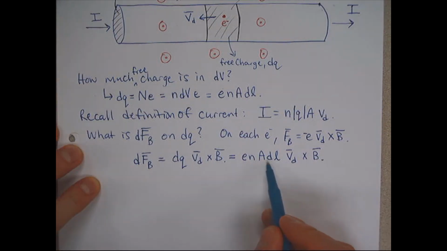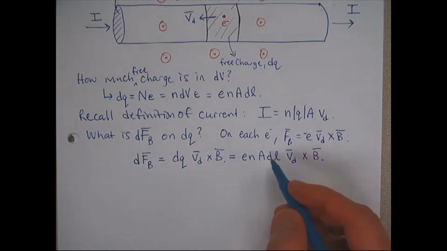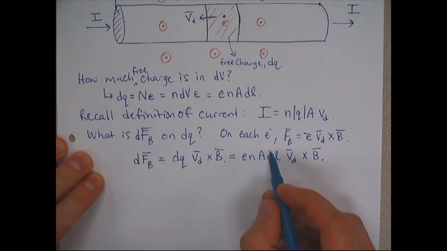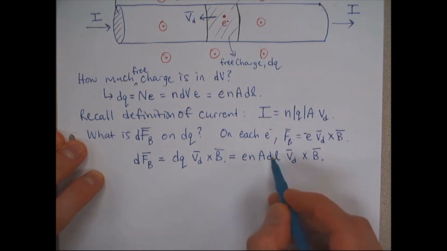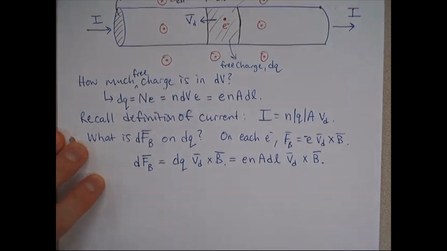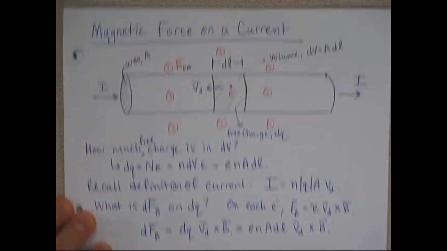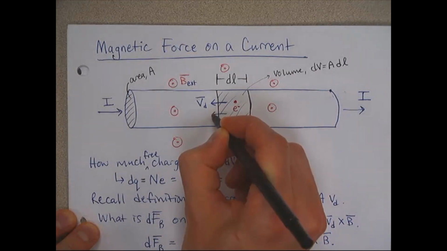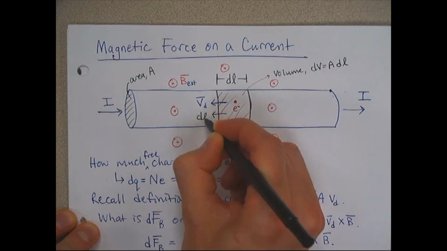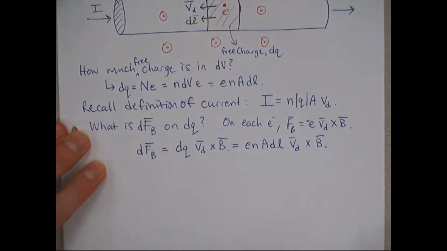This expression here is the current. Here's your volume. What we're going to do is transfer the vector direction here to the dl and define a dl vector which is parallel to the drift velocity vector.